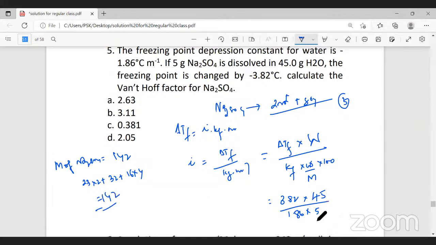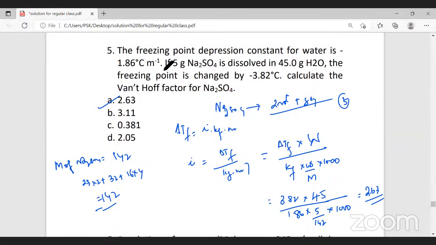So W by M, the number of moles, is 5 divided by 142, into 1000. On simplification, the answer you'll get is around 2.63. Hence, the answer for this question is option A, 2.63.